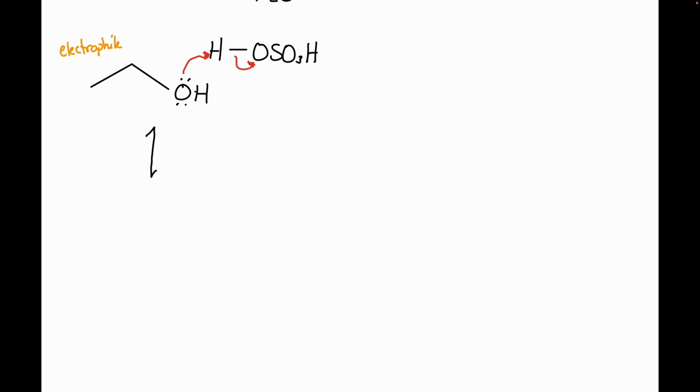So in this first step, what we've done is we've protonated our alcohol, effectively turning that into a good leaving group. And again, this is the one that's going to be playing the role of the electrophile. And in the next step in our mechanism, we're going to see our other neutral alcohol molecule playing the role of the nucleophile.